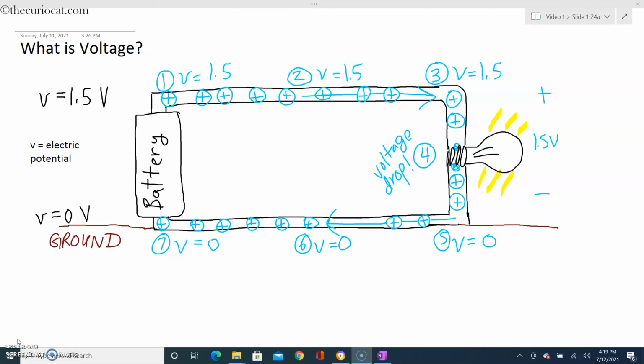At locations 5, 6, and 7, the value of V is the same. It is 0 volts. Now, look at the charges at location 7. These charges will get pumped up to location 1. In other words, the battery will increase the electric potential of the charges by 1.5 volts.